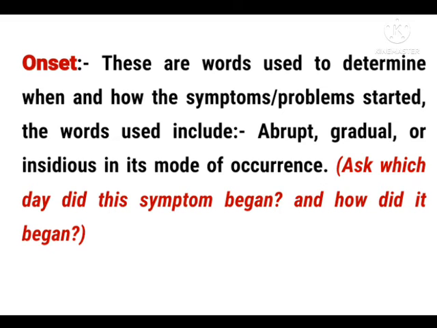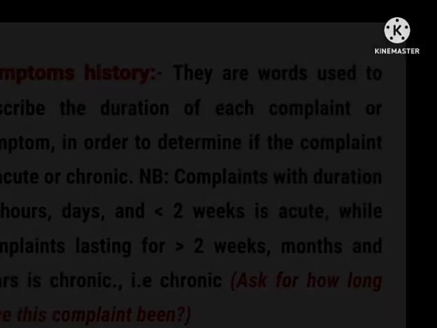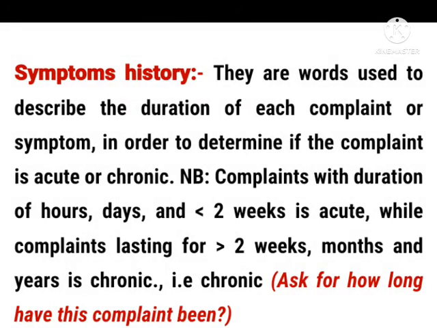Okay. Then another word is symptom history. These are words used to describe the duration of each complaint or symptom. So the essence of determining the duration, after you have identified onset, how did this begin? The next is duration, how long?